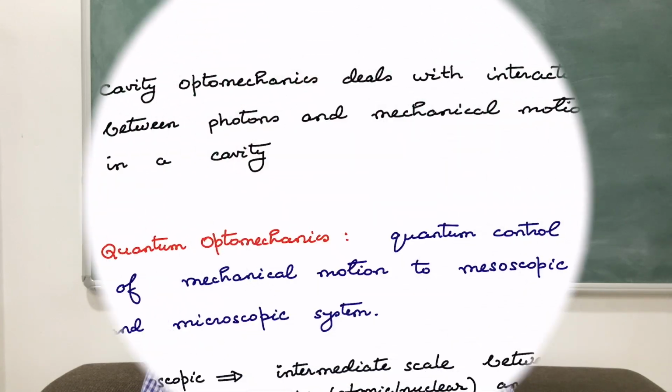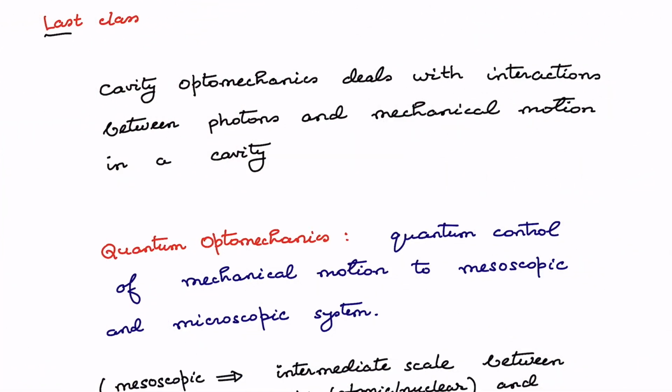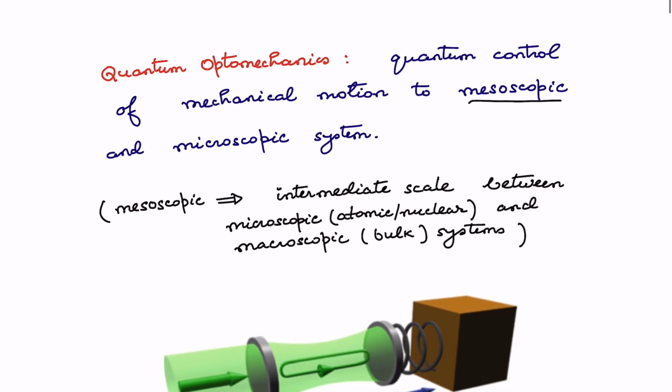So, let's begin. In the last class, we started discussing cavity quantum optomechanics. Cavity optomechanics, as we have learned, deals with interactions between photons and mechanical motion in a cavity. Quantum optomechanics basically deals with the quantum control of mechanical motion in mesoscopic and microscopic systems.